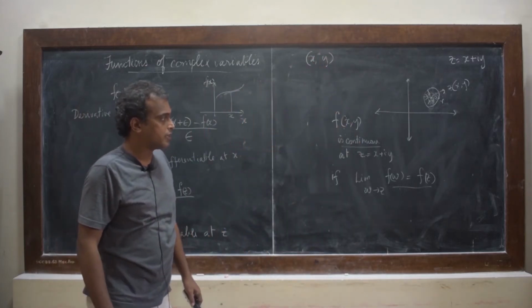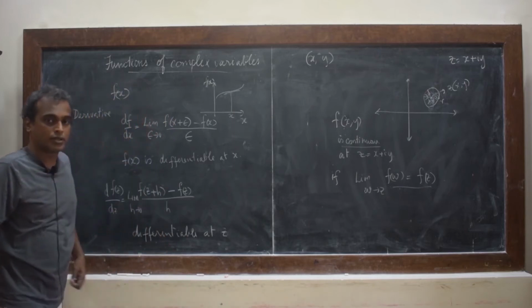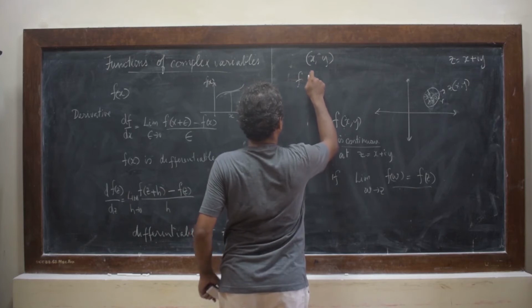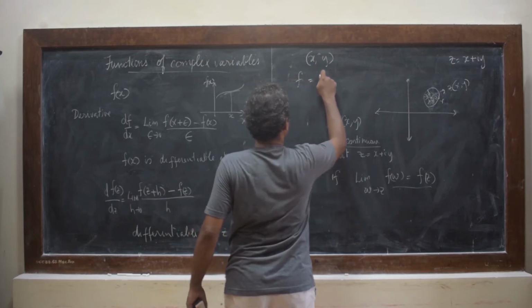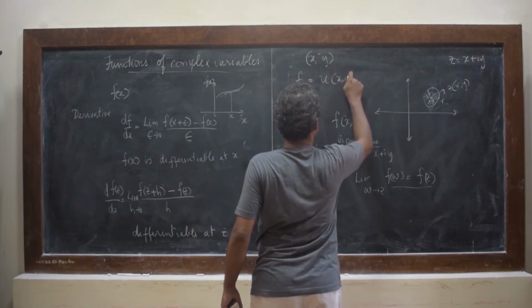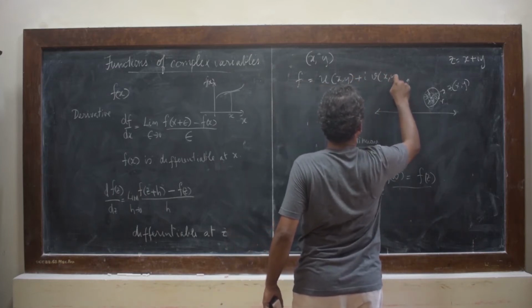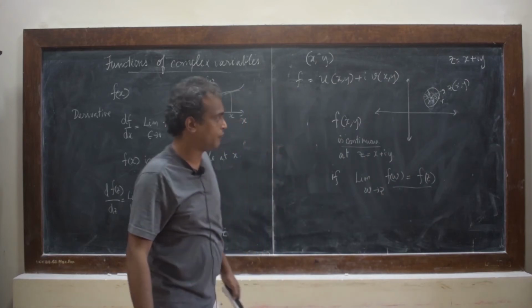So, let us look at the definition of derivative for a function. Let us choose that function to be u of x comma y plus i into v of x comma y in its most general form.